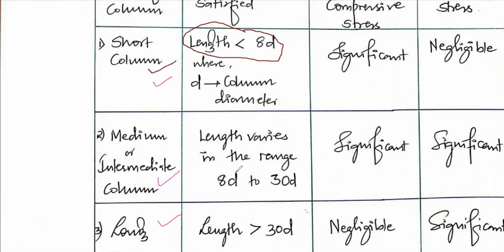If the length is varying between 8d to 30d, that is 8 times the diameter to 30 times the diameter, then we call them intermediate columns. If the length is greater than 30 times the diameter, automatically it falls under the category of long column. Right, so the criteria we use to decide is the correlation between the length and the diameter.